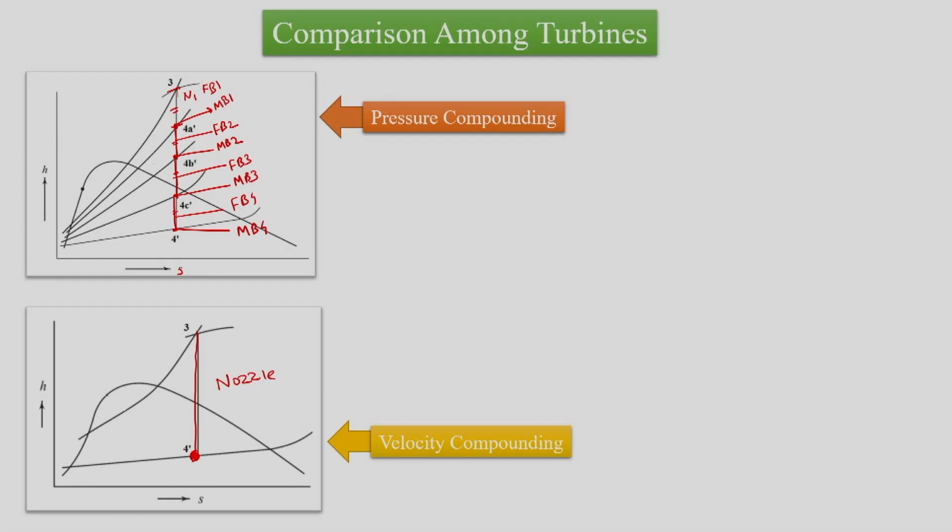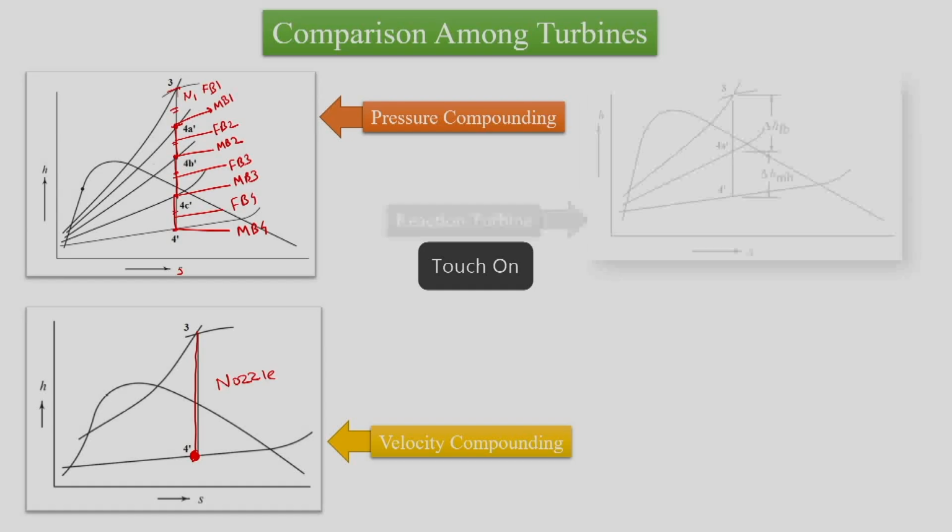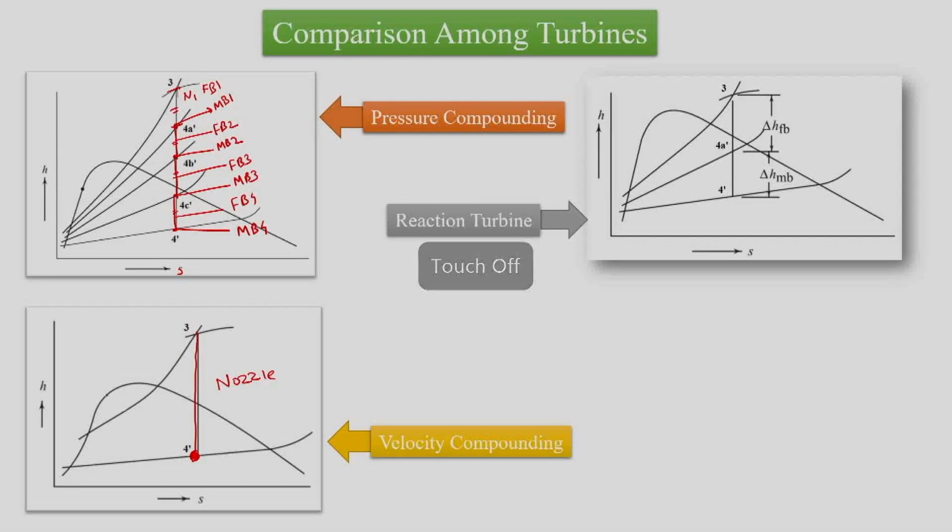In case of reaction turbine, we have 1-stage reaction turbine, we have 3 to 4 A dash as the enthalpy drop in the fixed blade, and then this is the enthalpy drop in the moving blade. So this diagram is exclusively for single stage reaction turbine.